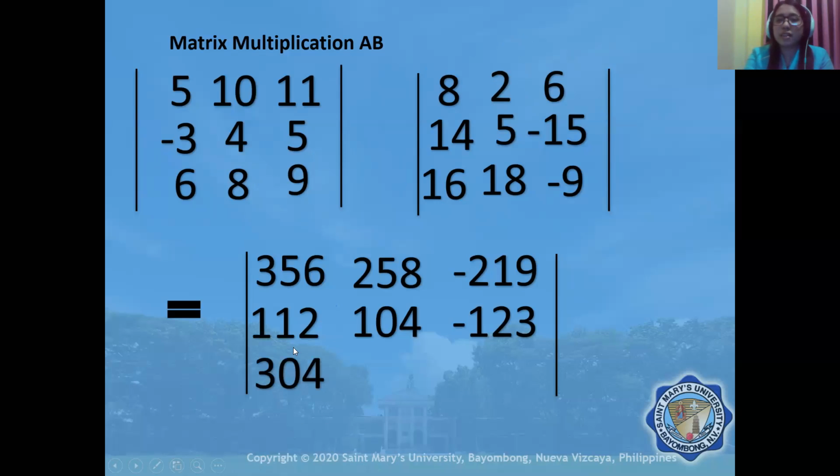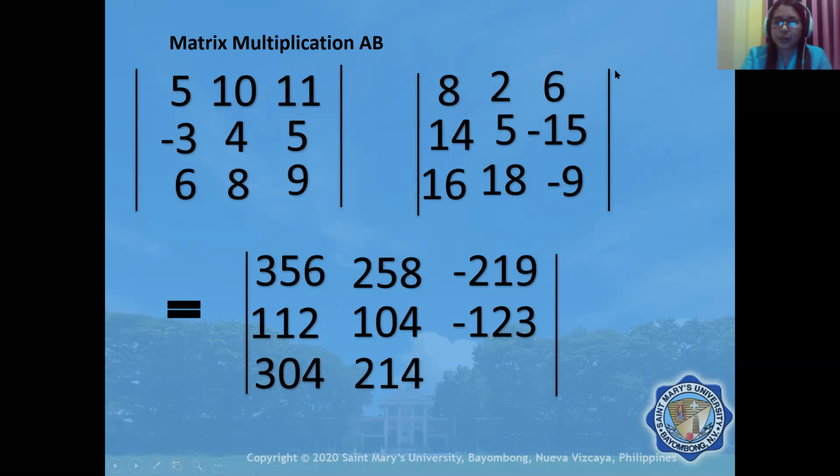So that is 304. Next, second column, 6 times 8 plus 8 times 5 plus 9 times 18. So we will get an answer of 214.